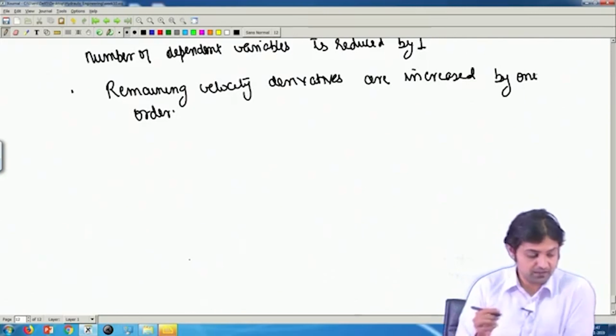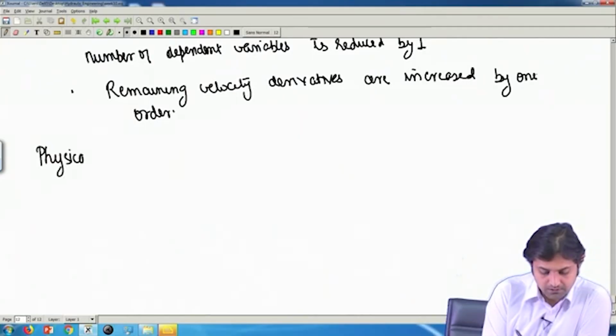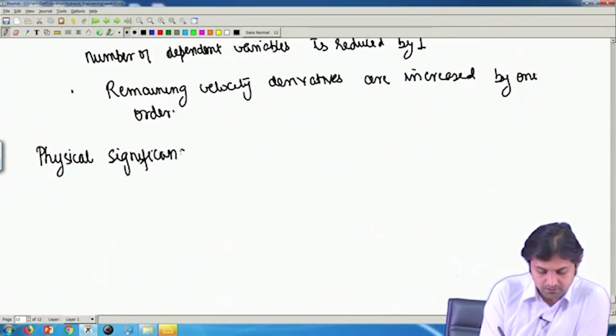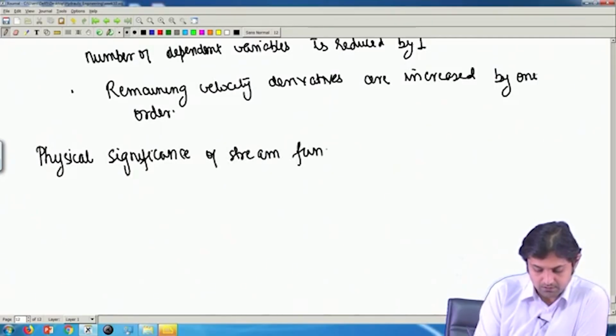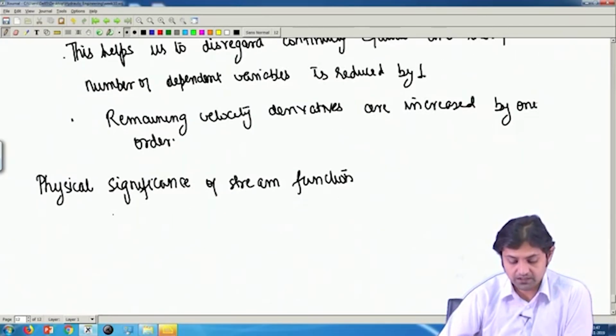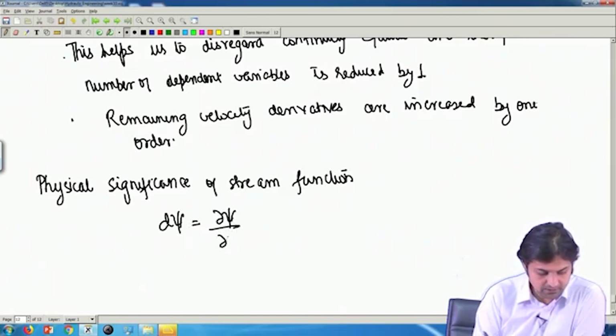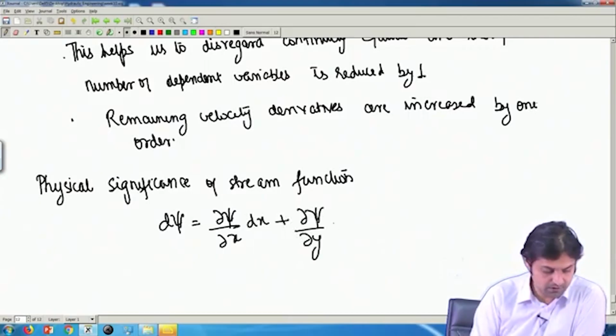Now what is the physical significance of stream function? To look at it, psi can be written as del psi del x into dx plus del psi del y into dy.